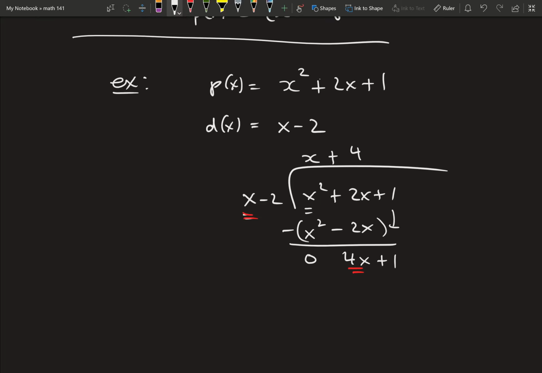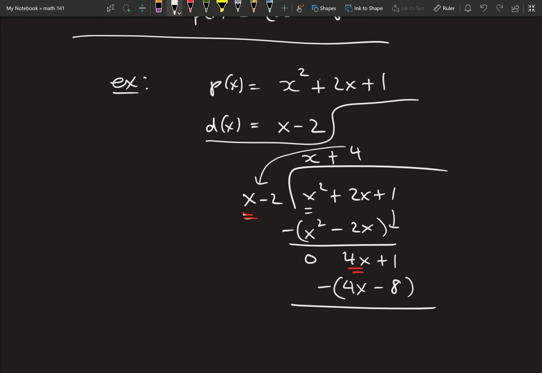When we multiply the 4 by this, we get 4x minus 8. We subtract, we get 0 plus 9. So this is our remainder. This is r. This is q of x, and this is d of x.